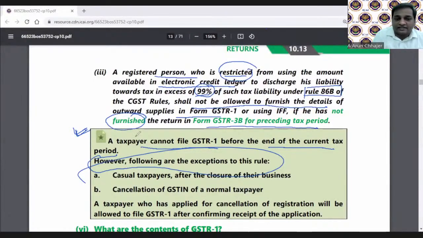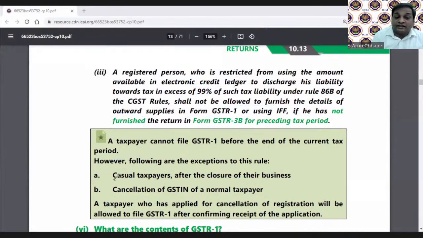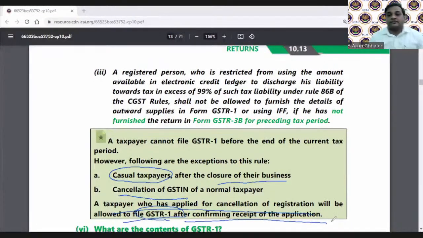It has been asked, what is the exception? Casual taxable person, and after the closure of their business and cancellation of the GSTIN of a normal taxpayer. The taxpayer who has applied for cancellation will be allowed to file GSTR1 after confirming the receipt of the application.